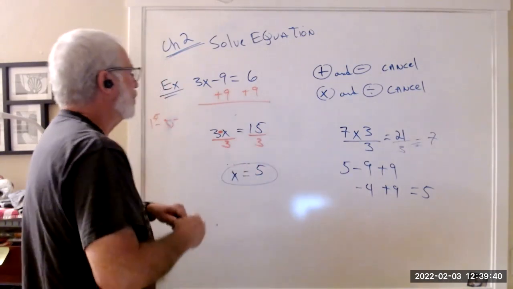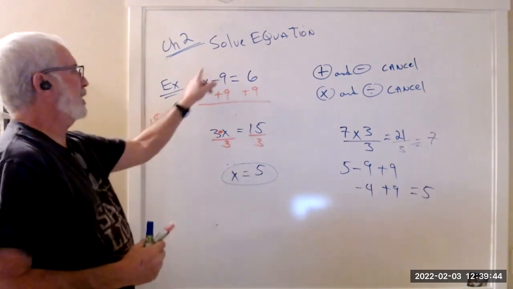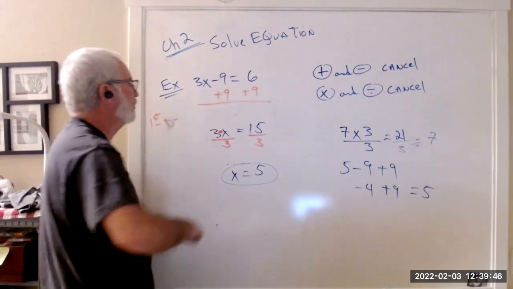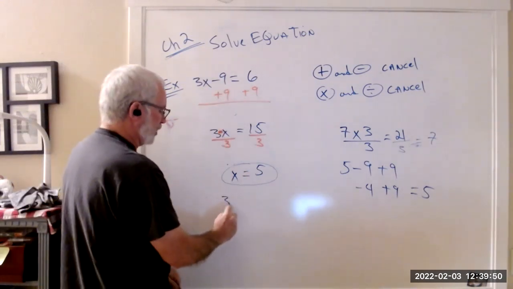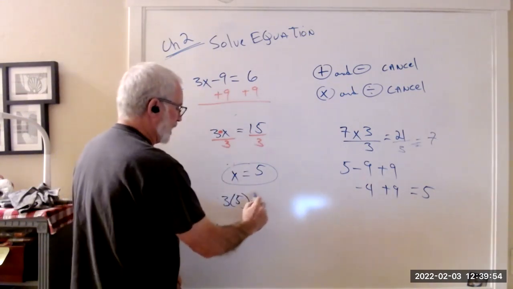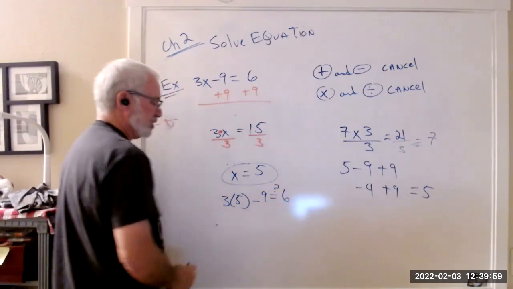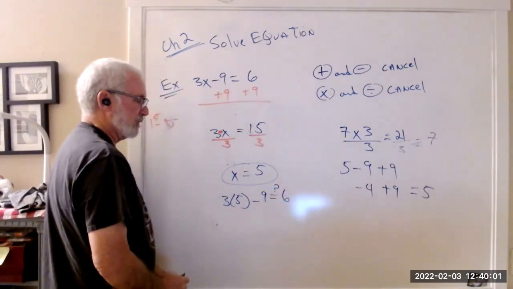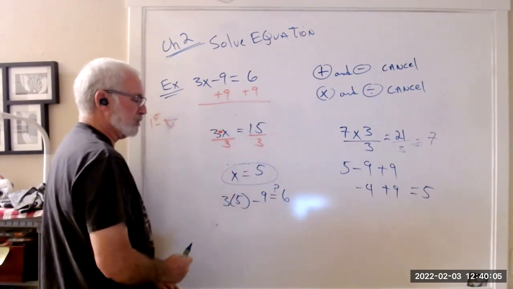So we could check our work by plugging it back in. In fact, we should. If I take 5, put it in here, is 3 times 5 minus 9 equal to 6? Because to be a solution means when I plug it in, it makes the problem true.